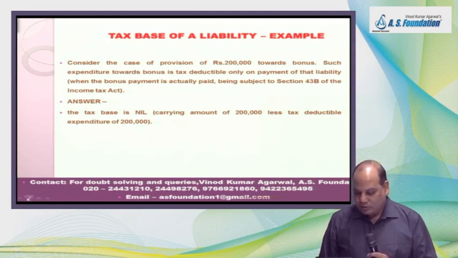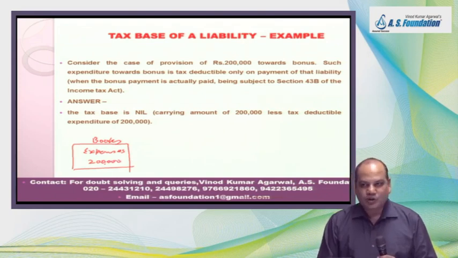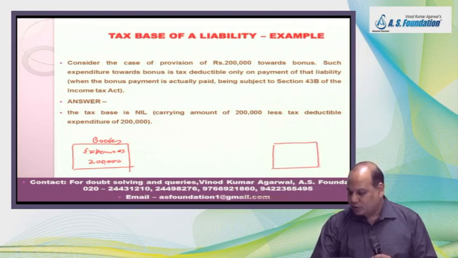Okay. Again I will give you a trick. Use your trick in case you have some confusion or doubt. How much amount is shown as expense in the books of account? 2 lakh. You will pass an entry, bonus expense account debit to provision for bonus account. But this amount is disallowed in the income tax, which means the difference between what we have done for accounting purpose and for tax purpose is 2 lakh.